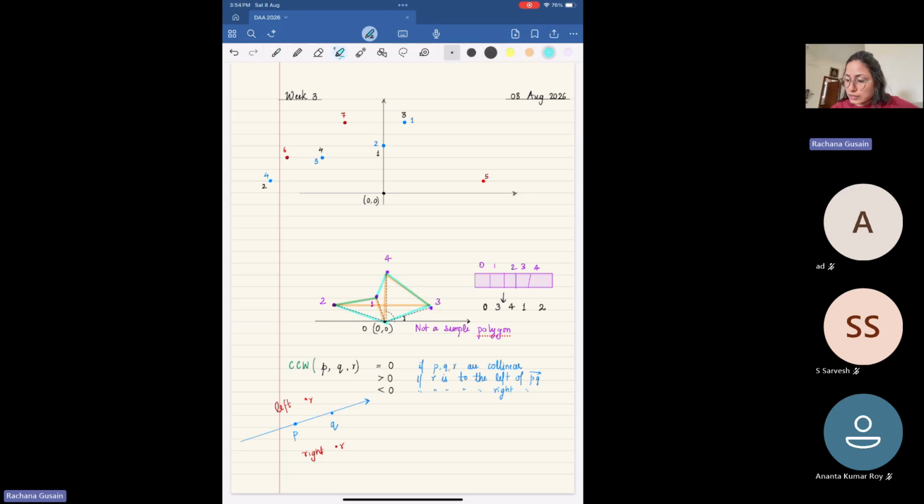So if I consider the polygon which covers these points in this order, I'm going to get this polygon: 1, 1 to 2, 2 to 3, 3 to 4, and back to 0. So I have already obtained this polygon.